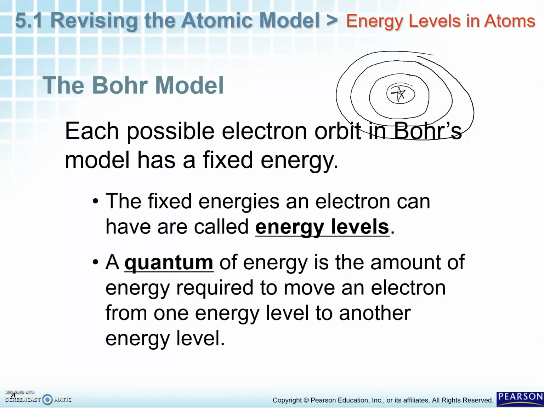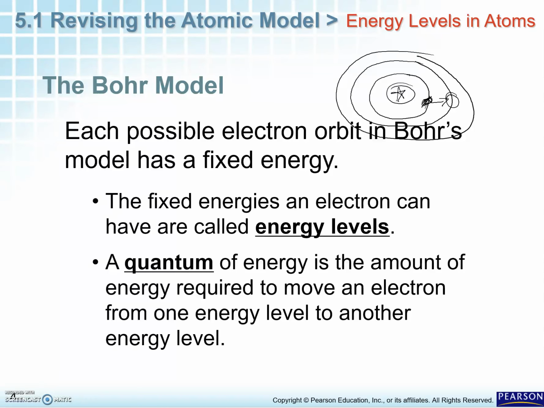These different energy levels are called quantum. The amount of energy required to get from, say, the closest spot to the next energy level out requires a specific amount of quantum energy to get to our next location.